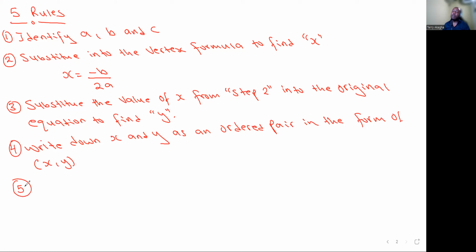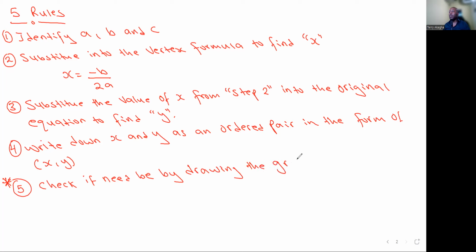And number 5, I'm going to just write it here, but you can also check by drawing the graph. Unless you were told to sketch, don't worry; in the subsequent videos, I'm gonna show you how to sketch graphs. But usually when you're done finding the vertex, you can decide to sketch the graph to see if you're correct. So step 5 is to check if need be by drawing the graph.